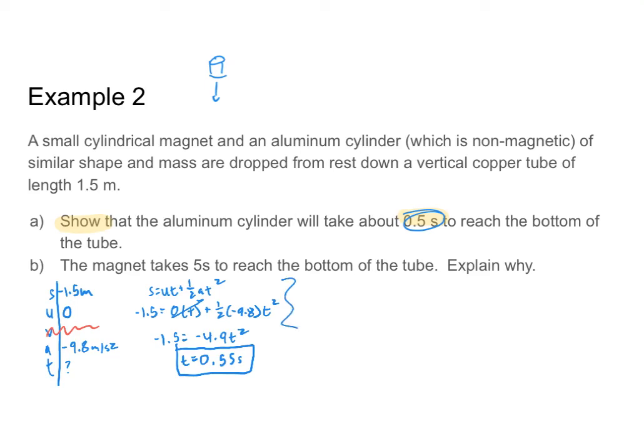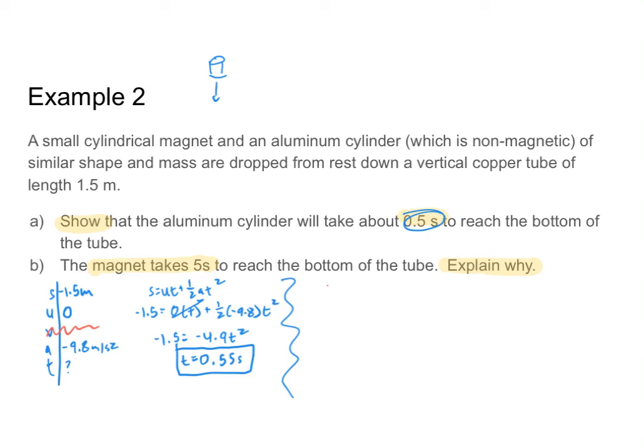Part B is asking me to explain. I see that the magnet takes 5 seconds to reach the bottom of the tube versus the aluminum cylinder, which took a longer time. And I'm getting asked to explain why. And my explanation here, guys, is that the cylindrical magnet falling through the tube is going to generate an EMF in the walls of the tube.